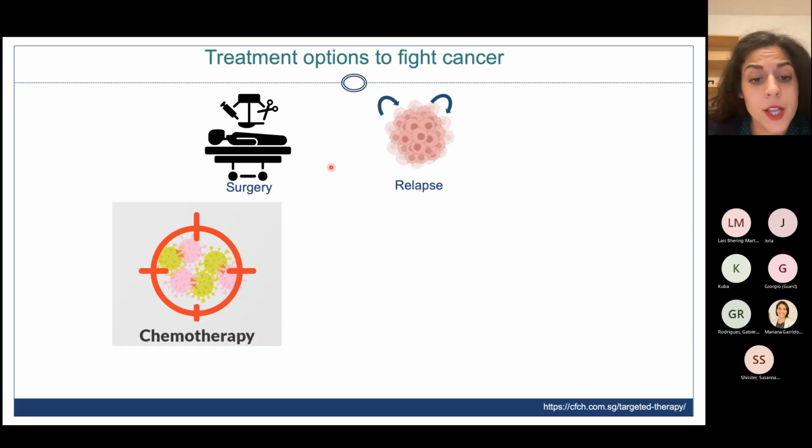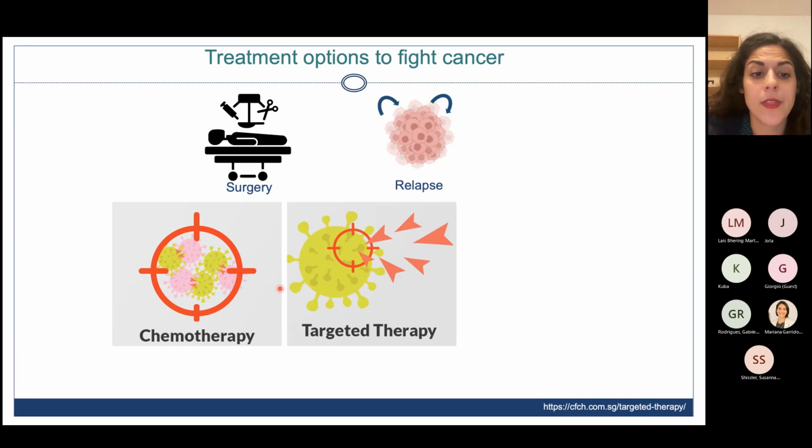treat cancer. So basically, first, it was chemotherapy that aims to target highly dividing cells. So that's why there are lots of side effects with these drugs. Then there were more specific drugs that this time target a specific feature on the cancer cells.